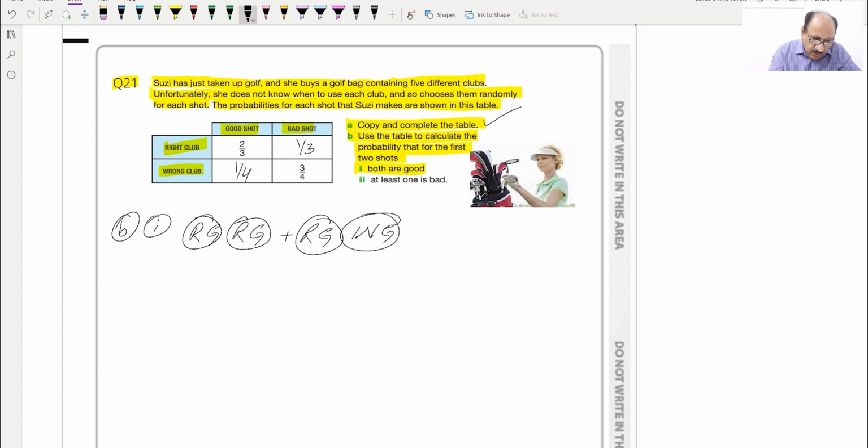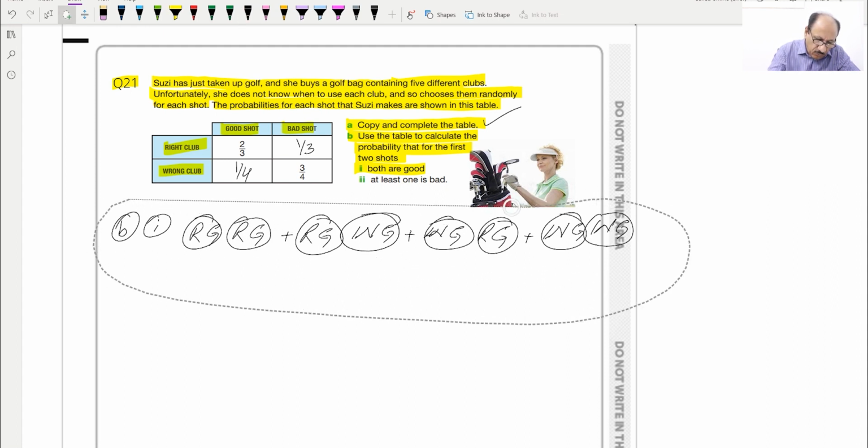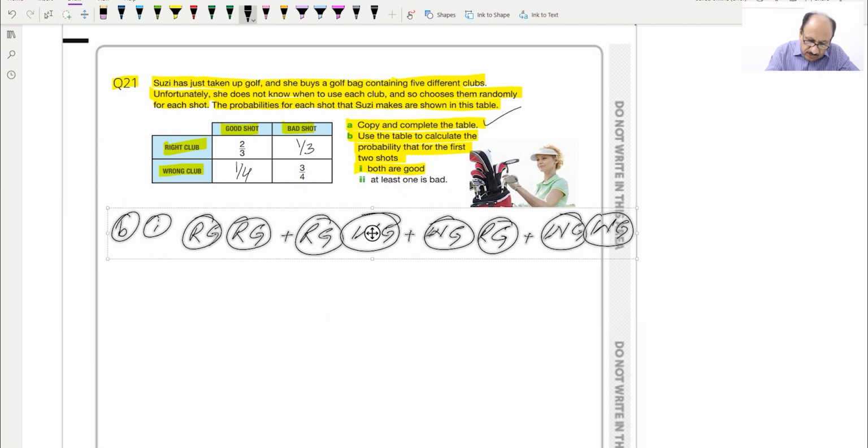And third can be wrong club and good shot, and right club and good shot. So reverse of this one we have taken over here. And then the last one is wrong club and good shot, and second also wrong club and good shot. So these are the 4 options which we can have.